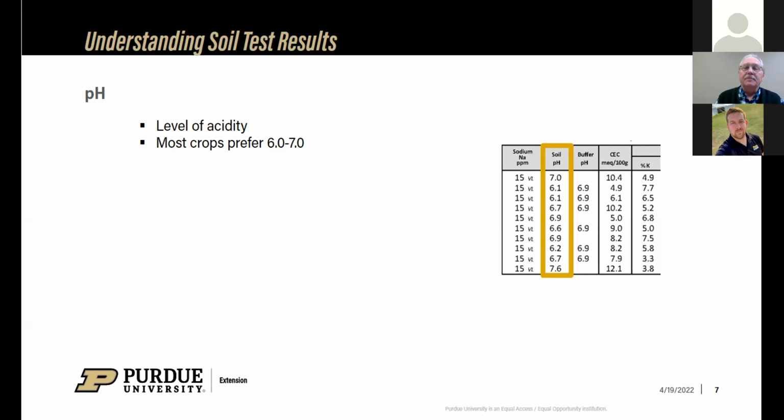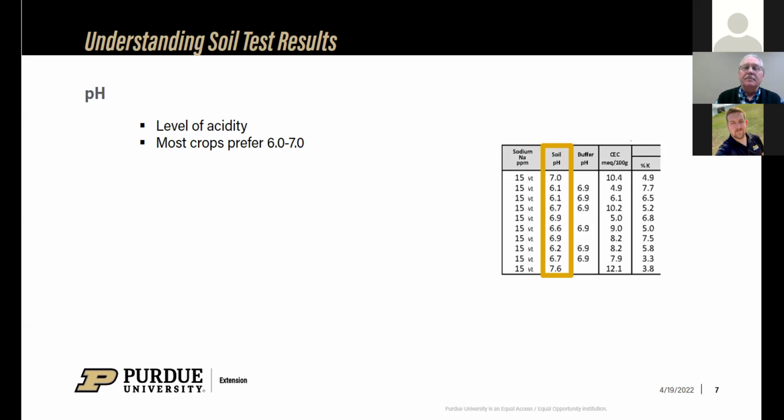The one difference, again, most plants fall in the 6 to 7 range. We do have differences. Blueberries prefer something a little bit more acidic, so they prefer to be under 6 or right at 6 on their pH.